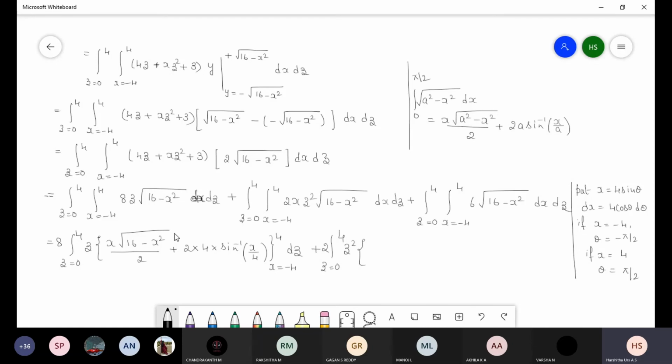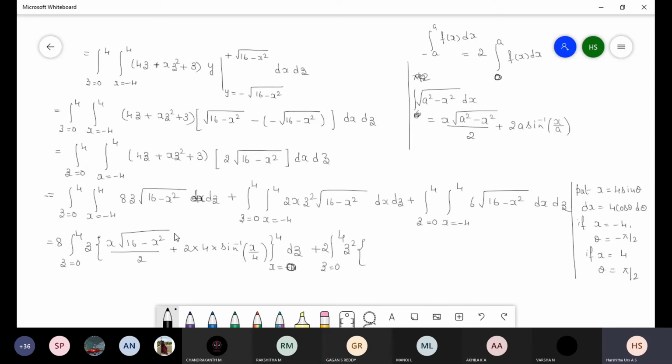When we are using the definite integral, here just make a correction. When we are using a definite integral, that is minus a to a, f of x into dx is equal to 2 times the integral with limit varying from 0 to a of f of x into dx.